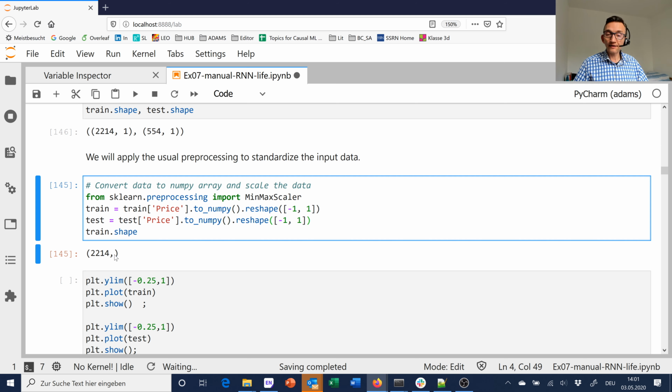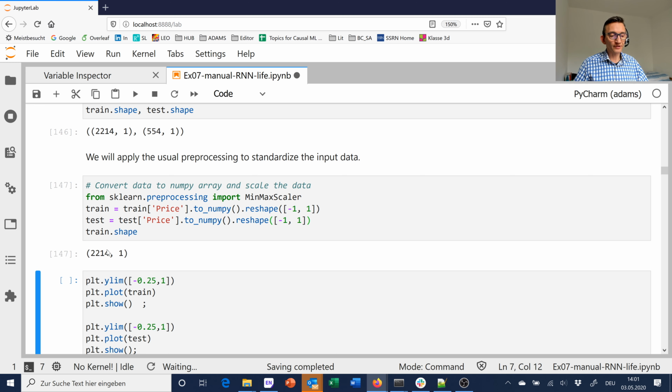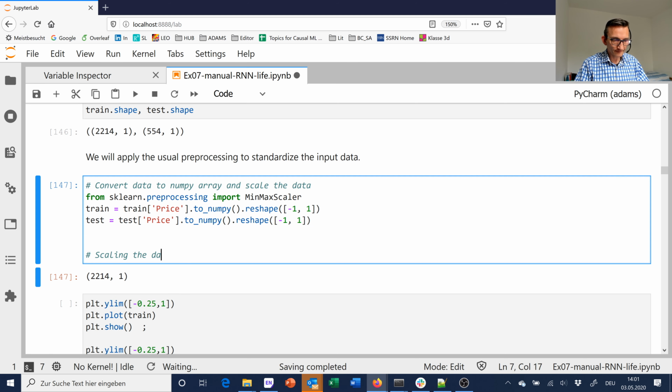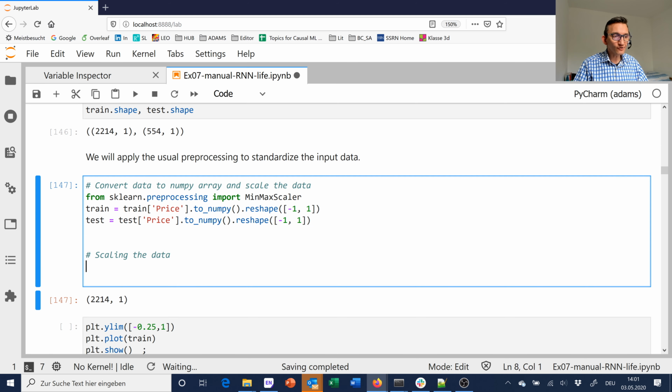So that was the dimensionality of the trained data before using this reshape. And afterwards, I have that as a nice vector, which will be supported by the libraries that I'm using next, for example, the libraries to scale my data. We now scale our data, and this time I'm using the MinMax Scaler.